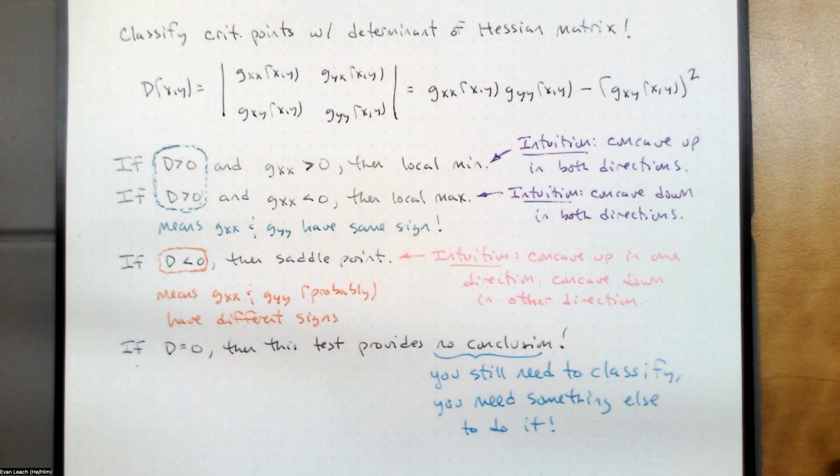It might just be a couple of x to the fourths where it's just going to zero out everything for a while. So a lot of things could happen to throw that D equals 0. It doesn't mean we're off the hook for classifying the critical point. It just means we have to do something else. The easiest thing to do is throw numbers at it. When in doubt, get more data.